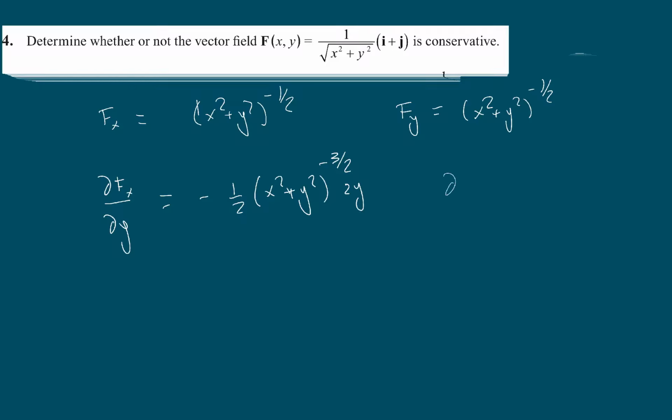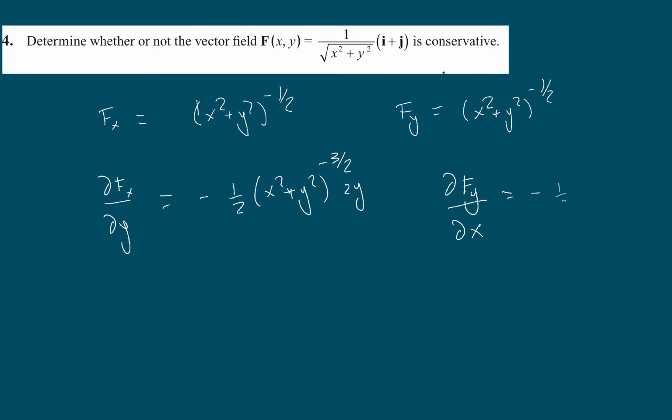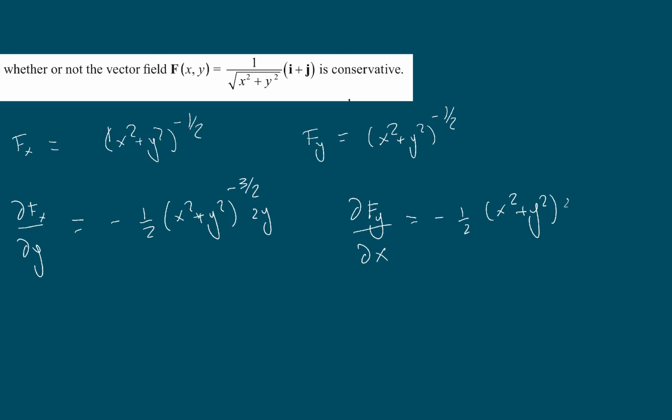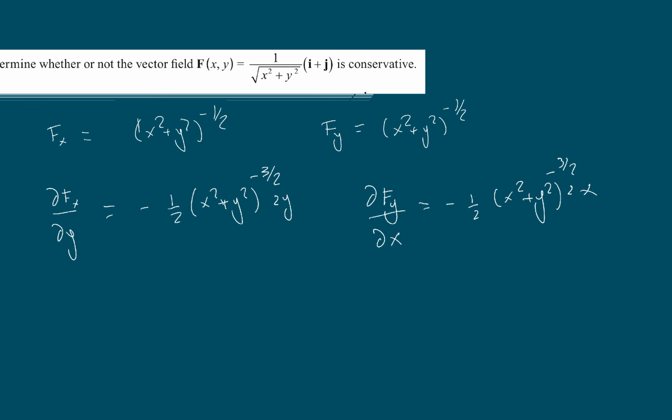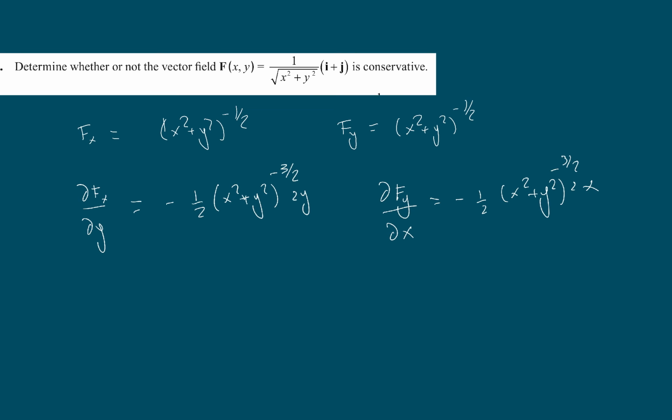Okay, what is the partial derivative of the y component with respect to x? It is minus 1/2 (x squared plus y squared) raised to the power minus 3/2, multiplied by 2x. Are they equal? No, they are not equal. So this vector field is not conservative.